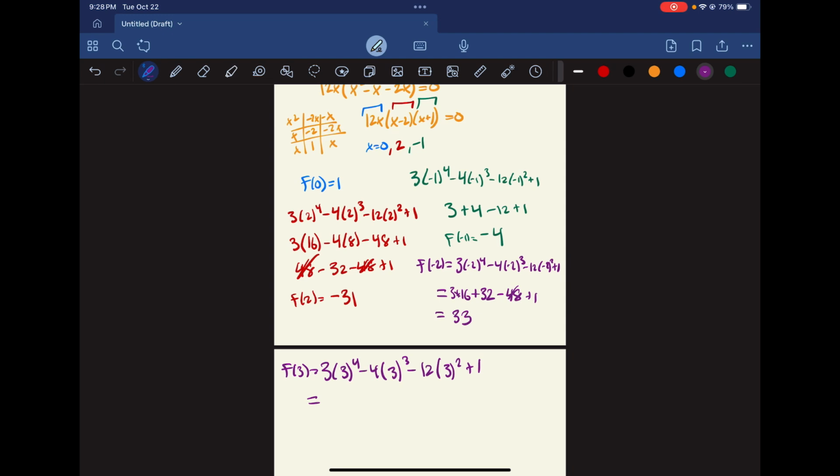Oh my god, this was an actual test question. 243 minus 4 times 27, which is 108, minus 12 times 9, 108, plus 1.